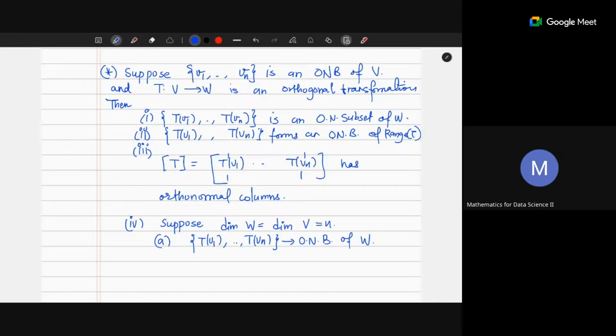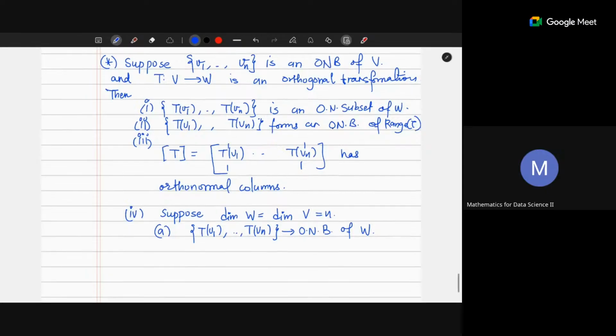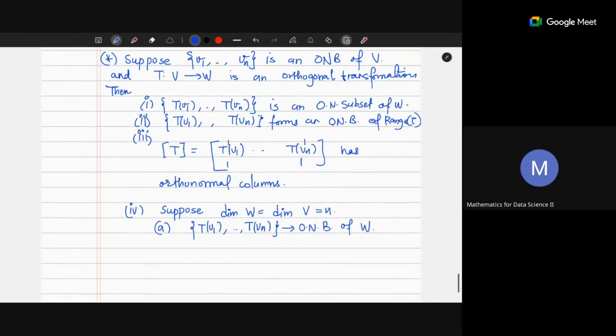No, no. Now I'm writing for when they are equal, because in our case they need not be the same. But if they are the same, then they become an orthonormal basis of W itself.